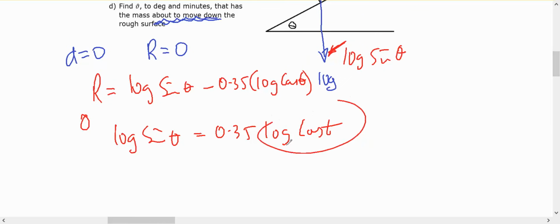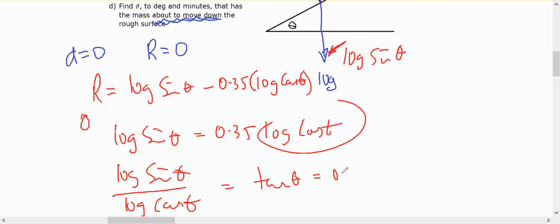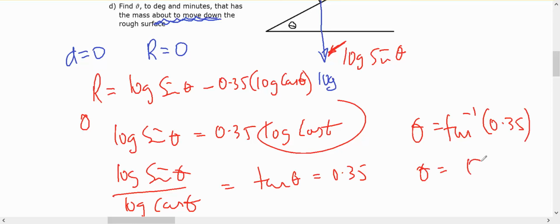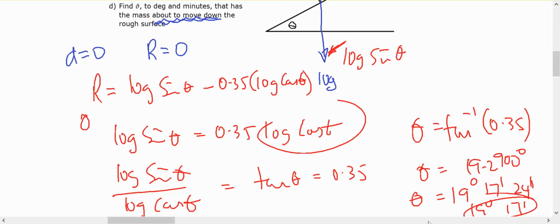If I move all of this to the other side, I will get 10G sine of theta on 10G cos of theta, which is tan of theta equaling 0.35. Therefore, theta equals the inverse tan of 0.35, which in decimal places gives you an angle of 19.2900 degrees, and in degrees, minutes, seconds, it's 19 degrees, 17 minutes, 24 seconds. Therefore, 19 degrees, 17 minutes will be my answer.